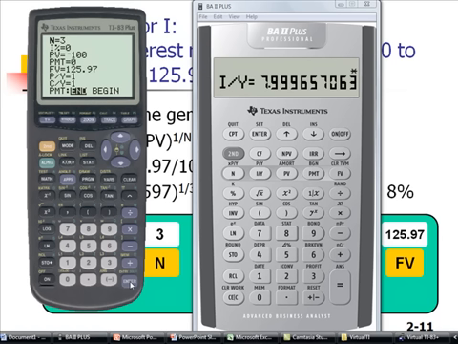Okay, so you come up here to the interest rate and you push alpha. See the alpha button near the upper left corner? And then solve, of course, which shares the enter key, the lower right corner. And you get your answer. The percentage interest rate is about 8%.